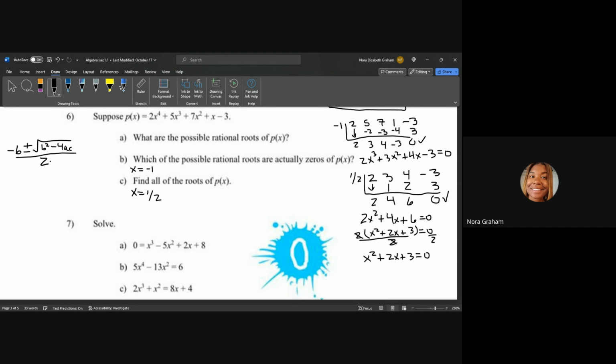We are going to use this a lot with this sheet. Okay. And so I take my coefficients from here that we're going to plug into that formula. My a is going to be equal to 1. My b is going to be equal to 2. And my c is going to be equal to 3.